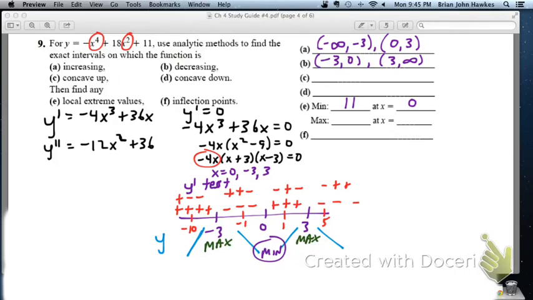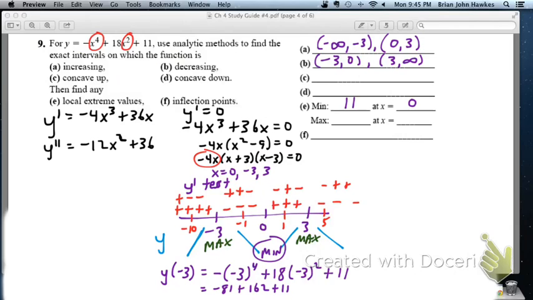So let's start with the left one. Let's put a negative 3 in, and we see that y of negative 3 is the opposite of negative 3 to the fourth, which is negative 81, plus 18 times negative 3 squared, plus 11. So we have negative 81 plus 18 times 9, that's 162, plus 11.